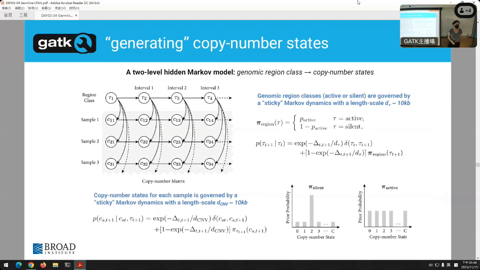So basically, you're much more likely to be copy neutral than have any sort of CNV in one of these silent regions.